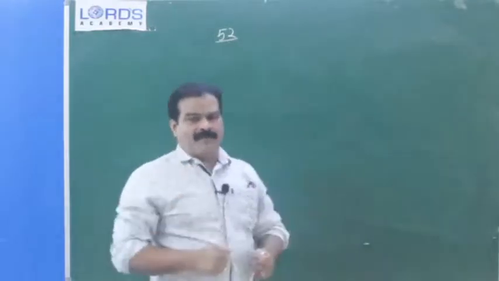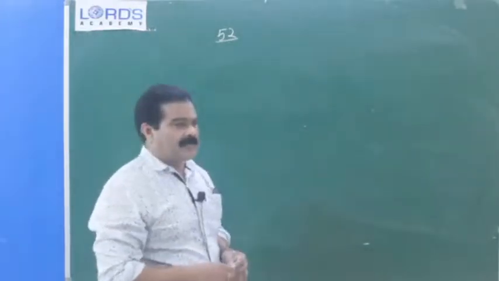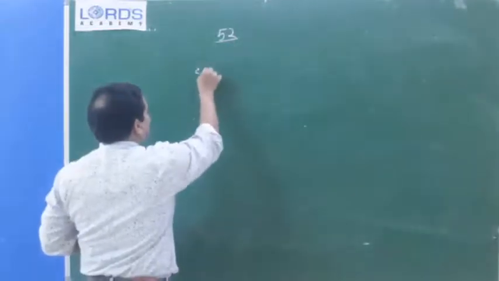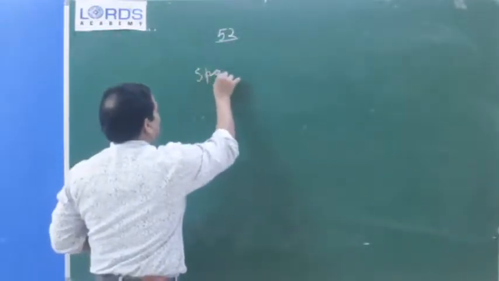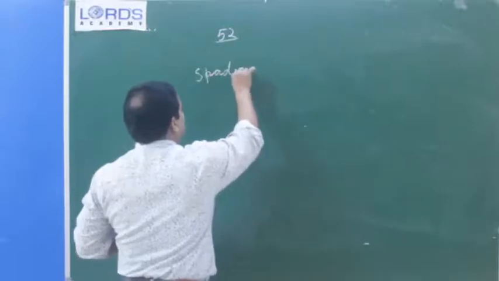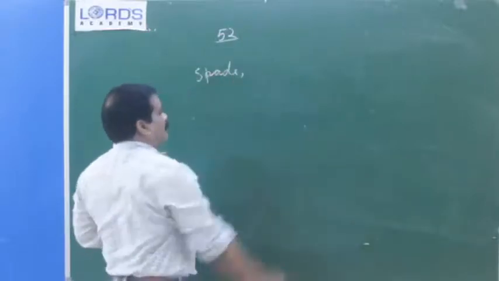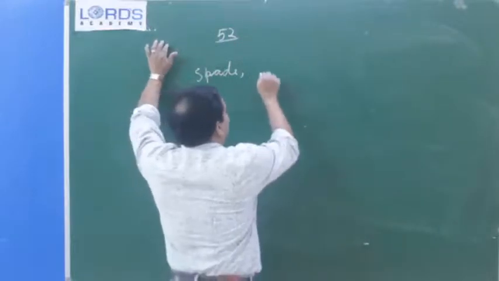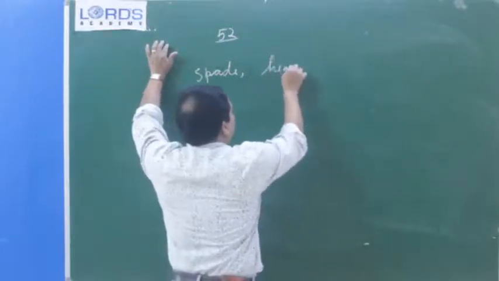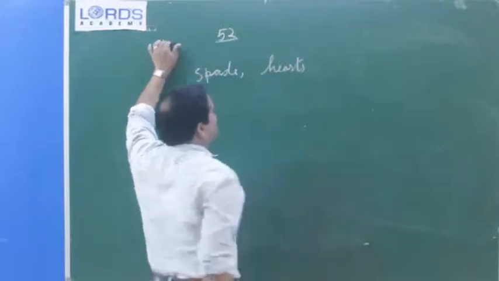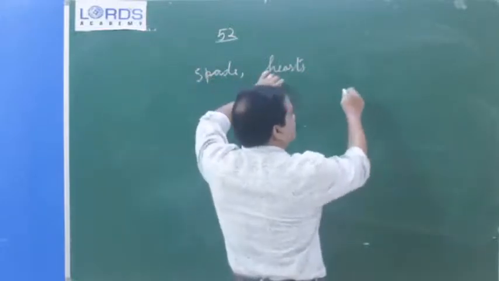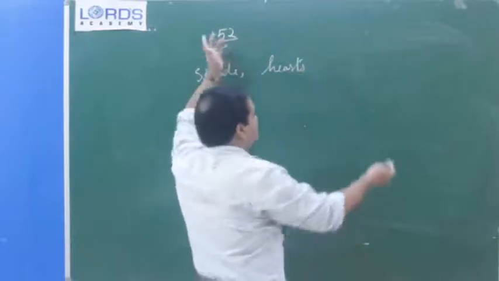There are 4 groups: spades, hearts, clubs, diamonds.